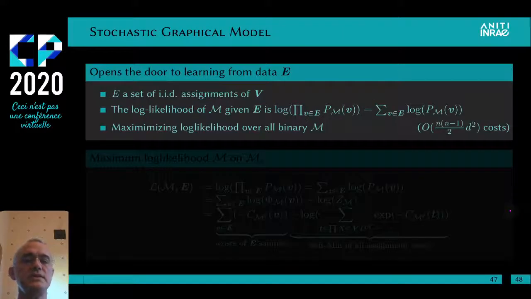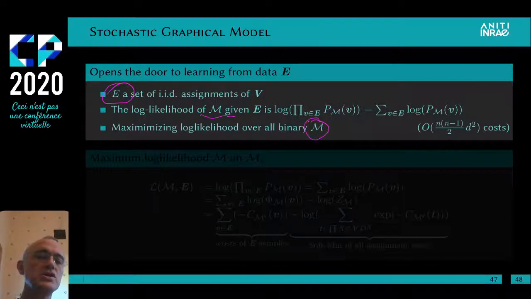And this connection is nice because you can, in some sense, directly reuse algorithms which have been developed to estimate Markov random fields using the maximum likelihood principle. And the likelihood of a set of historical solutions is just the probability that these assignments will be produced by the Markov random field. And a nice idea which has been explored in Markov random fields, which has good properties, is to try to find a Markov random field which gives this set of assignments a maximum probability.